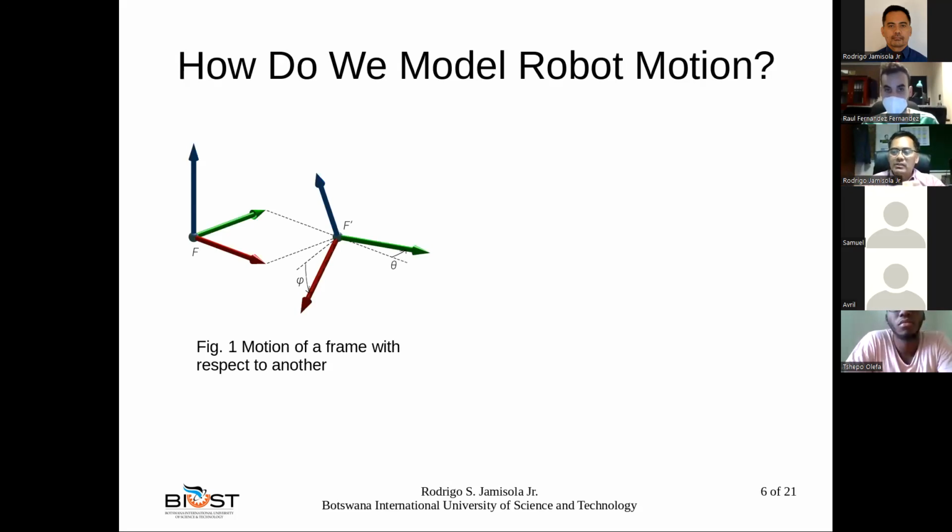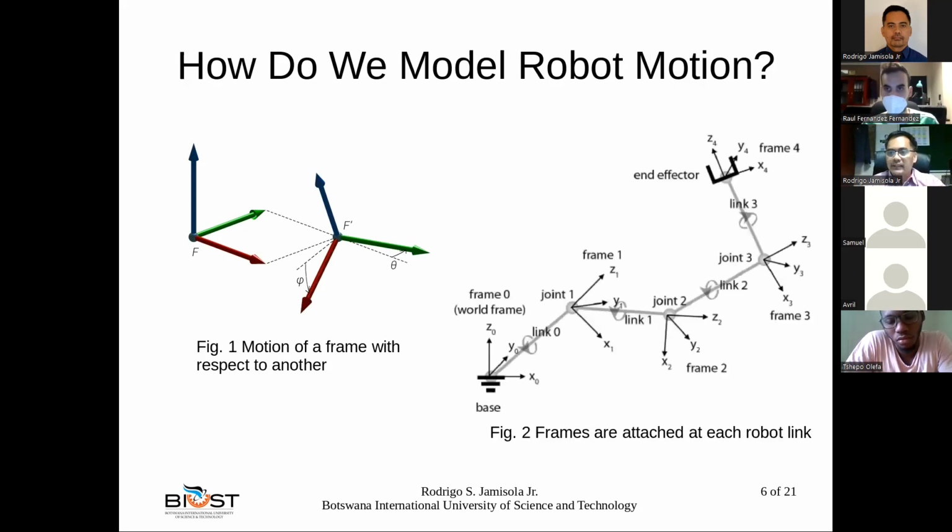So how do we model the robot motion mathematically? As I mentioned, it is the movement of one frame with respect to the other. The robot is very complicated, so which frame is it? First of all, the way to do it, just like Dr. Rahul already mentioned, is that we attach a frame to each joint of the robot.